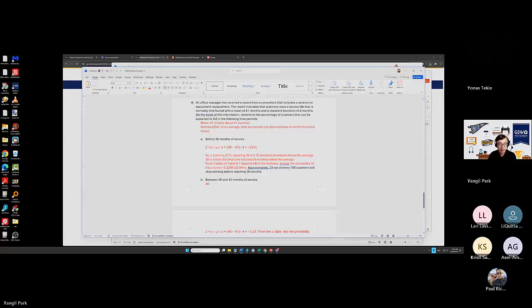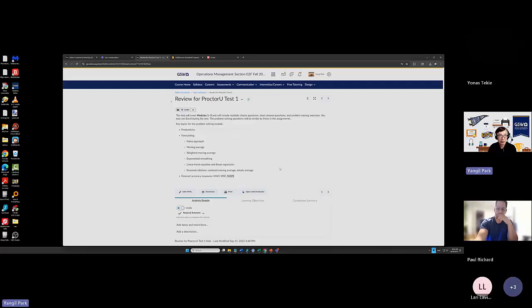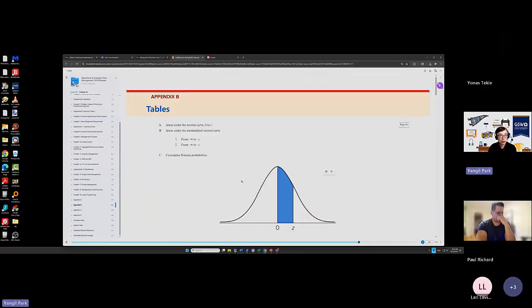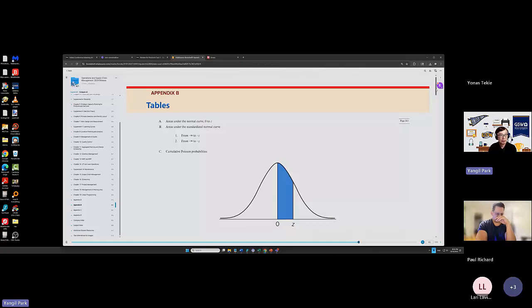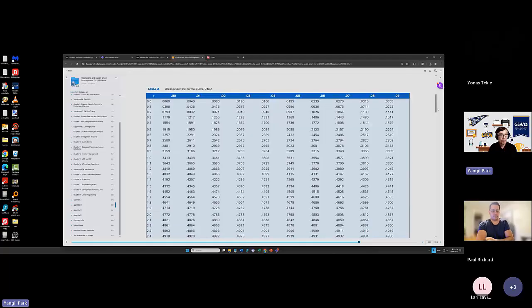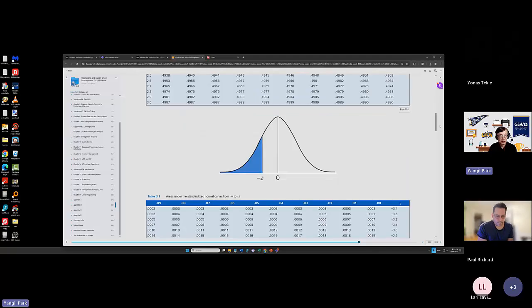And which one can we use? I think we can use any textbook that has a Z table or T table. This is our textbook, Appendix B. If you go to Appendix B, you have table B1, because that includes negative values.